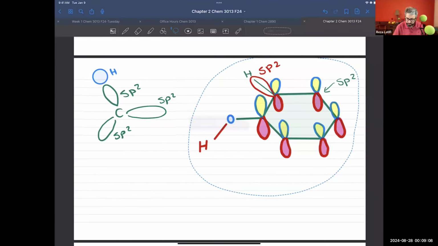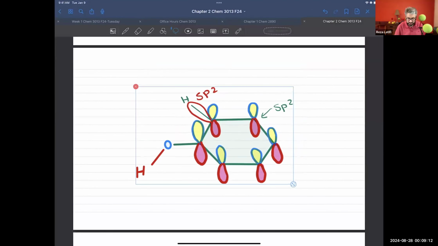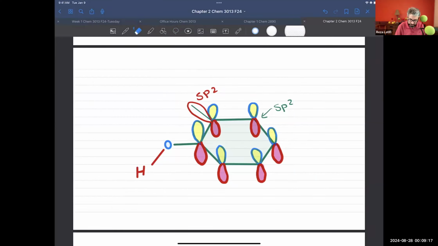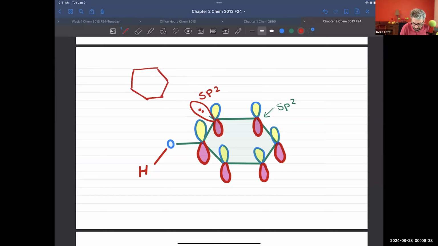So what will happen if I remove one hydrogen from this system, and I remove hydrogen from carbon, not oxygen? That hydrogen will be gone. Inside that sp2 orbital, I'm going to have a lone pair.